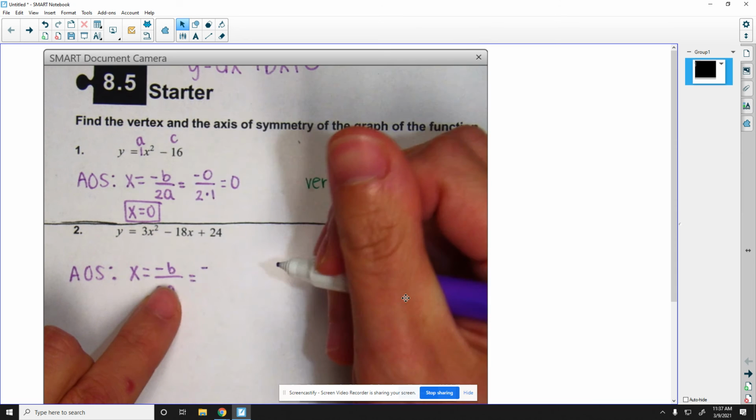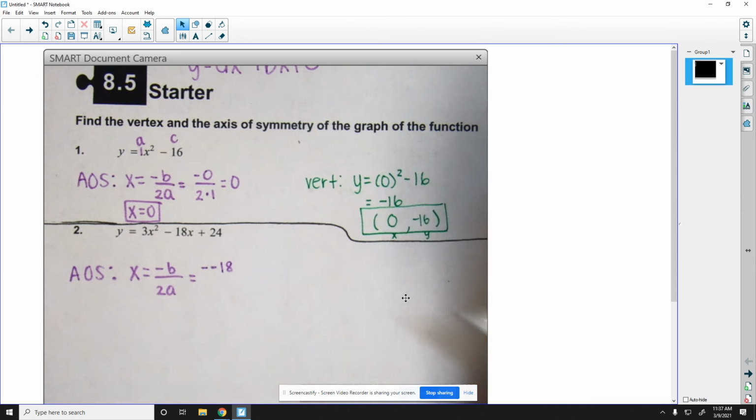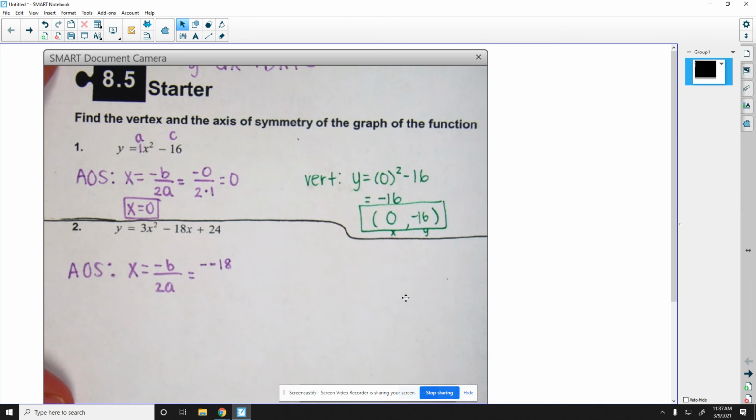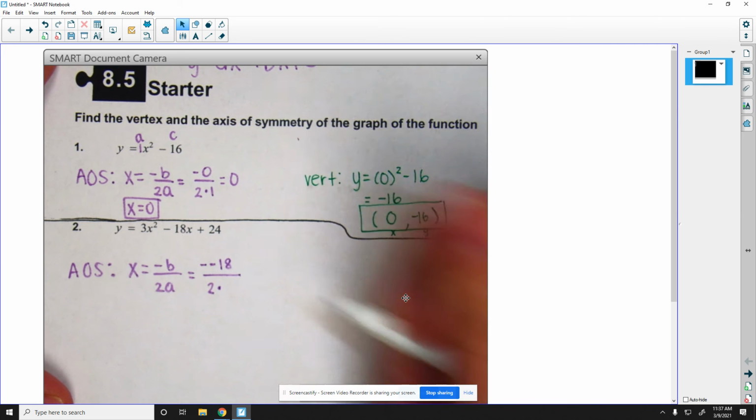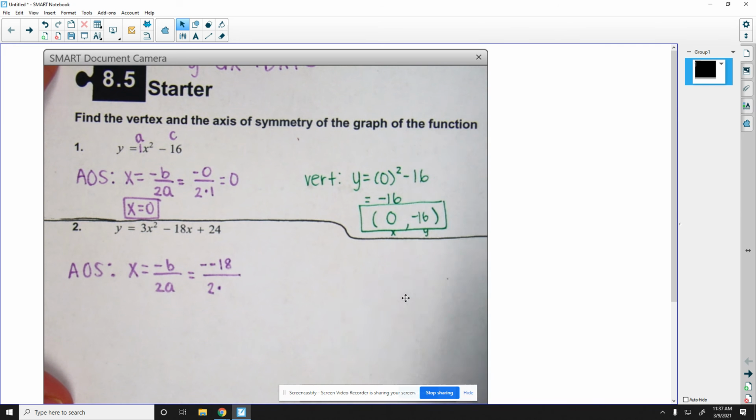Because technically negative b is negative 18. Technically negative 18 is just positive 18, right? That's why they just said 18. Over 2 times, somebody different online, what is a? What did you say, Madison?